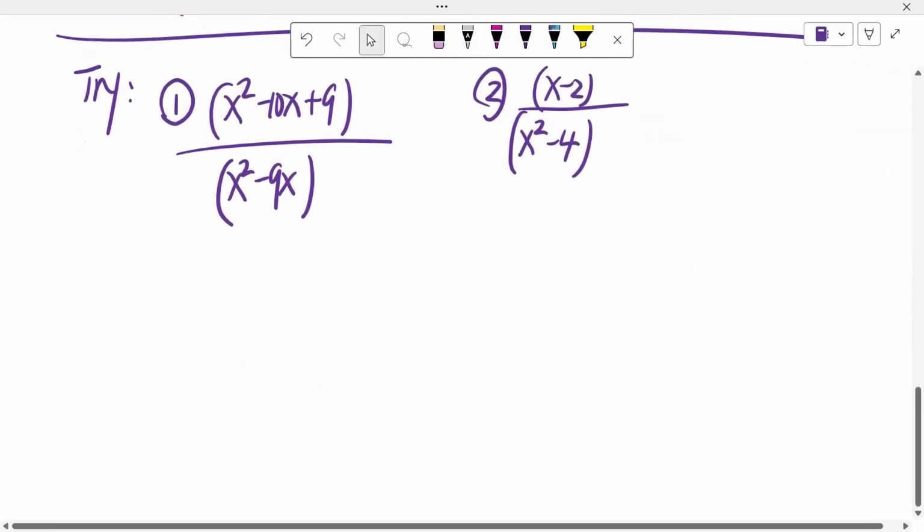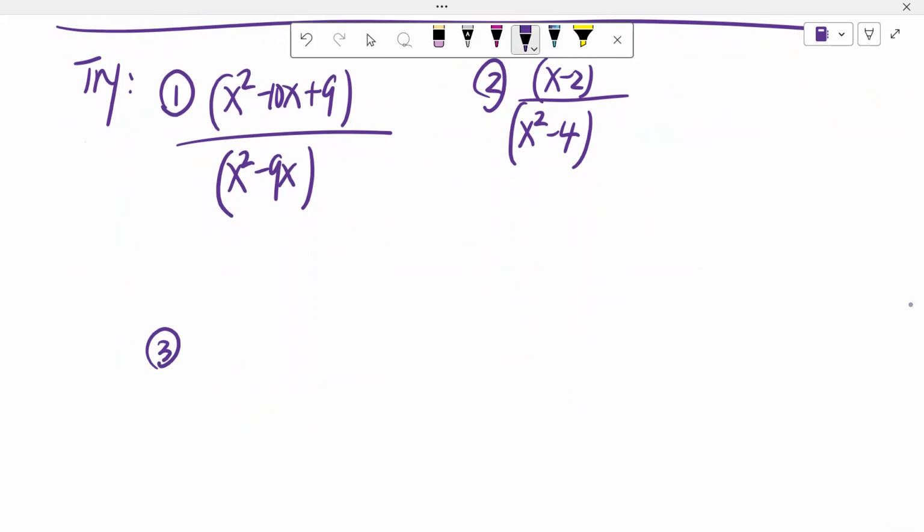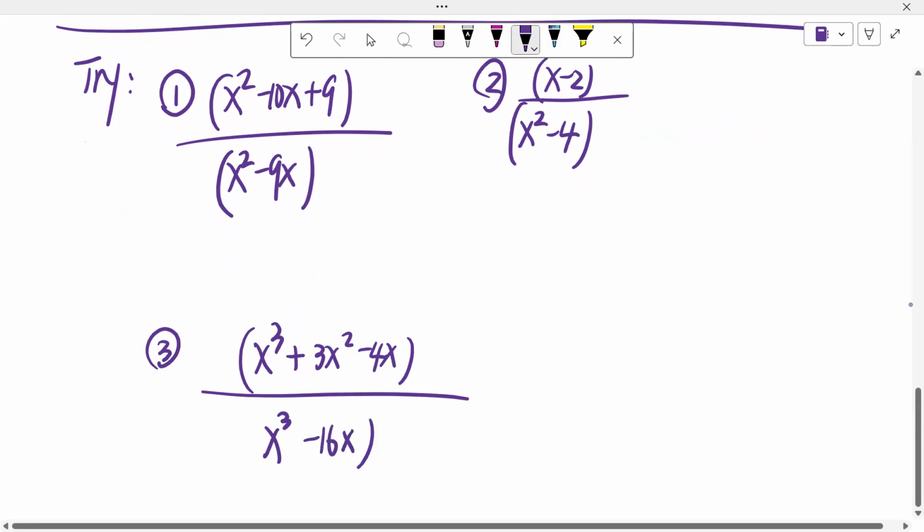And then the third one would be x cubed plus 3x squared minus 4x on the top. On the bottom, x cubed minus 16x. So I'll let you guys try this really quickly.